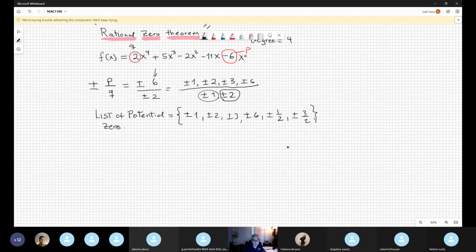Look, let me show you. This is the complicated part. You copy just the coefficients in front, okay, 2, 5, -2, -11, and -6. Okay. Now, this is the challenge. What do I select in this list?